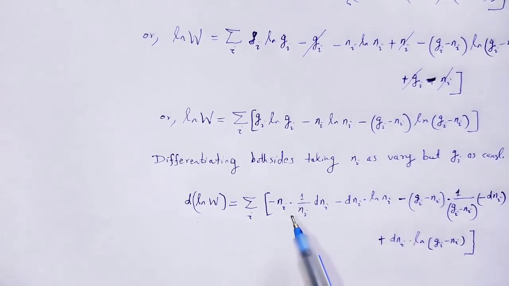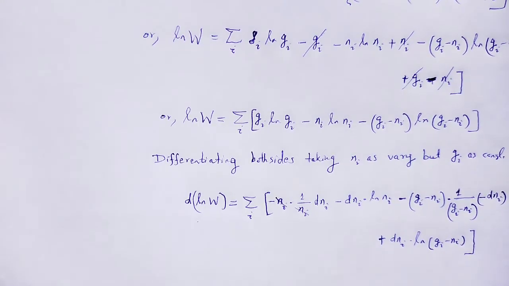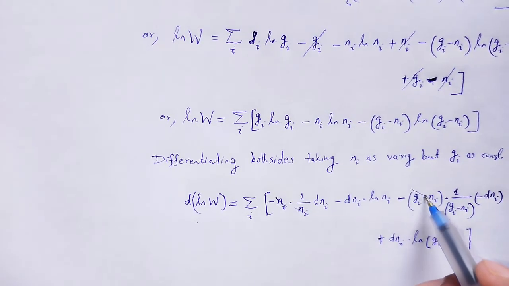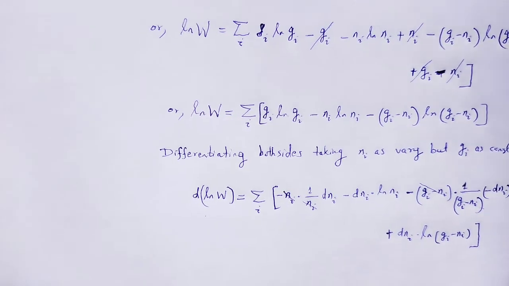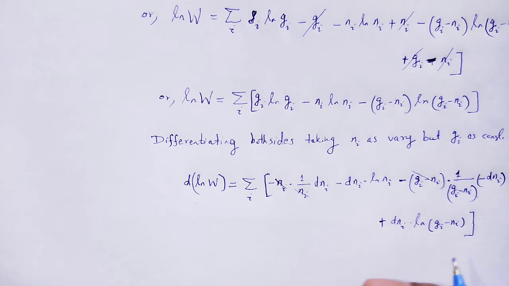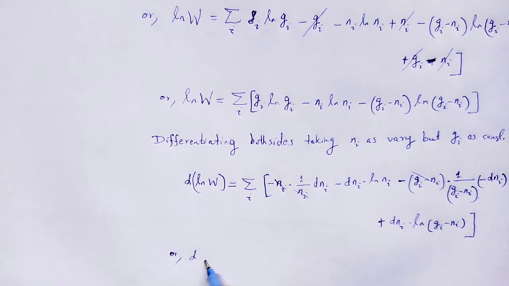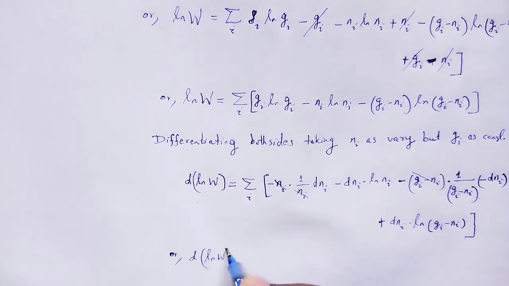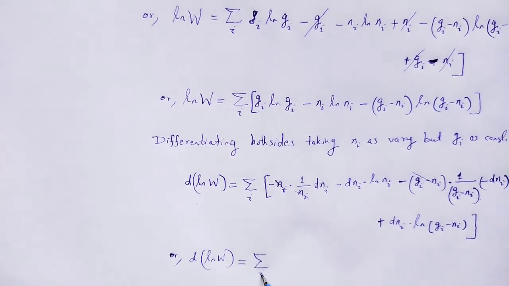Solve that bracket: Ni cancelled out, Gi minus Ni cancelled out, so we obtain d of ln W is equal to summation over i.